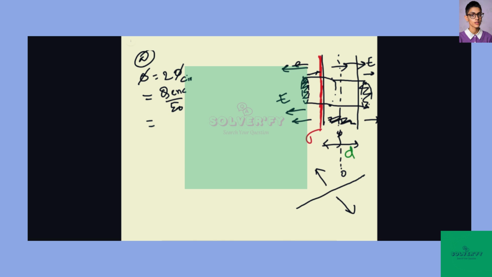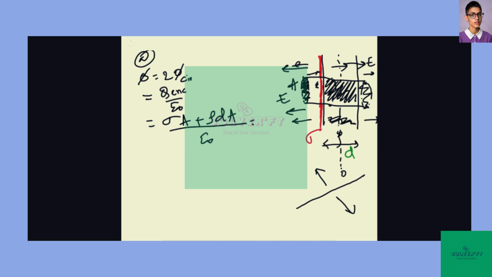Now here the charge enclosed has two contributions, one from the surface charge density and one from the volume charge density. The surface charge density will give you a charge of sigma A, where A is the area of this circular surface, plus the charge from the volume distribution, which will be rho times the volume of this cylinder, which is d times A, all divided by epsilon naught.